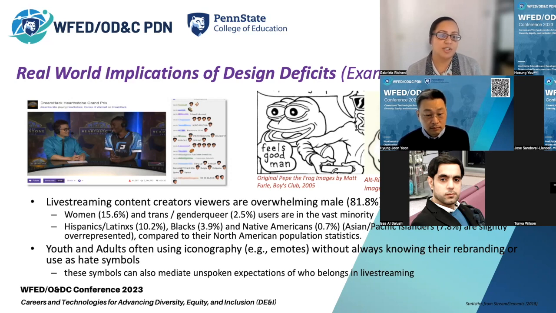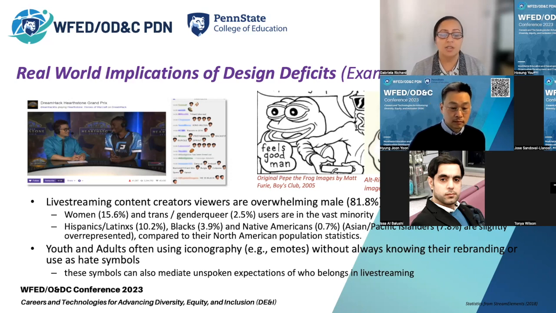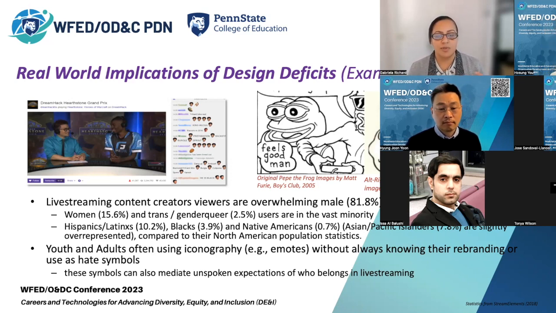This is featuring a famous Hearthstone player who's a Black player, and he was actually subjected to a racialized attack when he was featured at DreamHack, which is a top competitive gaming space.